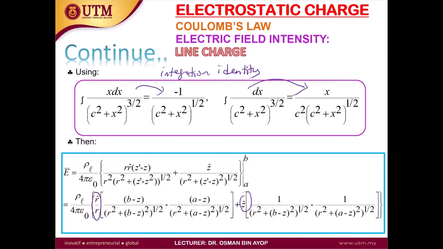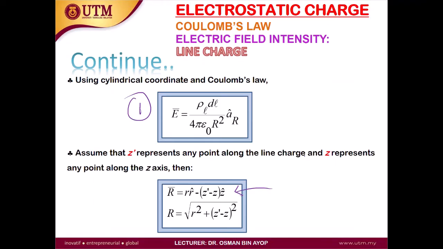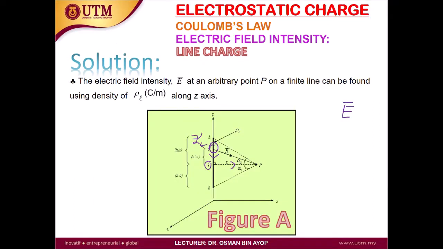Okay, this form we can define as a triangle, the trigonometric form. When you see this, we have two triangles. We define alpha 1 and alpha 2 referring to our R.